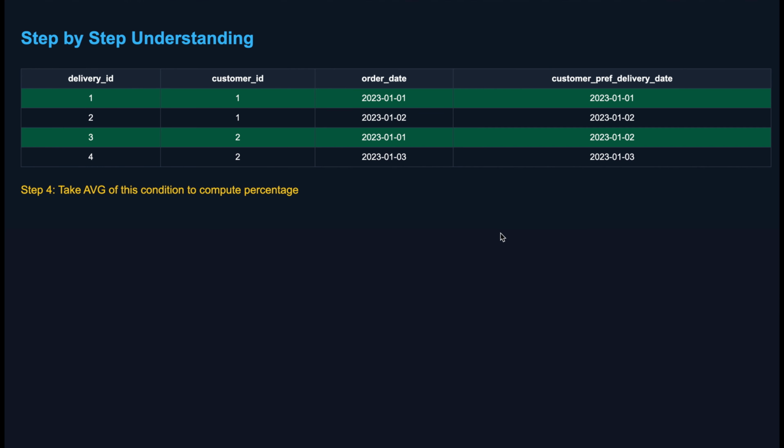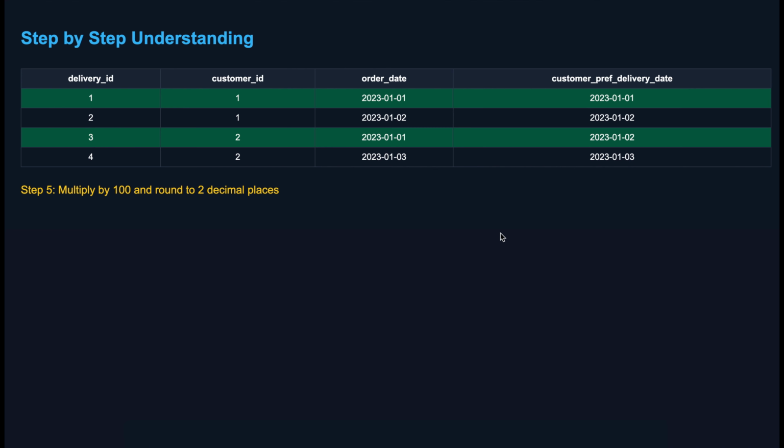So if we take the average of a condition, it automatically gives us the percentage of true values. And this is a very powerful trick, right? So we simply take the average of order date equals customer preferred delivery date, multiply it by 100 and then round to 2 decimals. And that will give us the required percentage. So that's the entire solution.